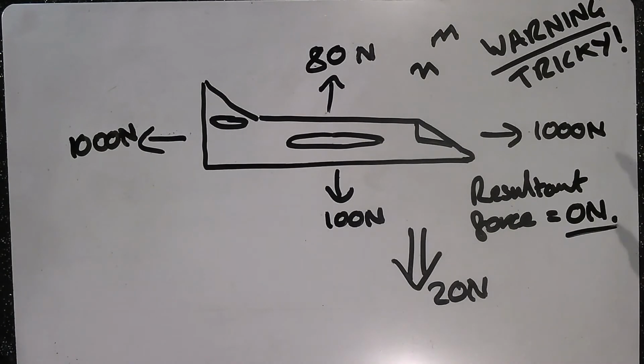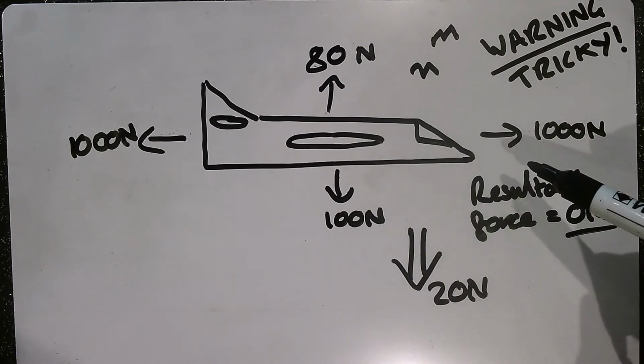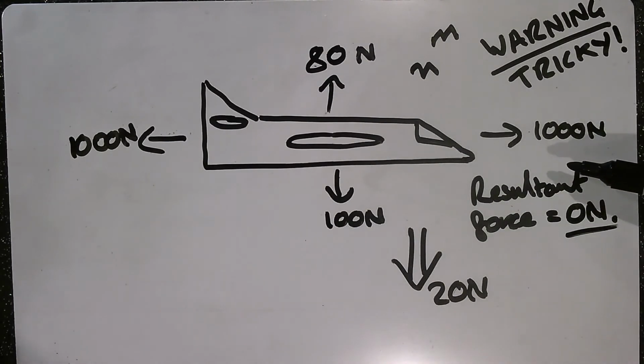So this whole add-on to resultant force, this idea of the motion that you get, is really, really important, and it's something that the exam board really like you to be able to do. They will give you a situation where there are some forces acting on a body, they'll ask you to work out the resultant force, and they'll ask you to describe the motion.